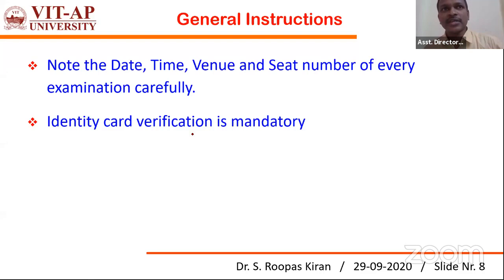Another student, your friend, is taking the same course in B slot. If you forgot to write the examination in A slot, even though there is an examination for that course in B slot, you are not allowed to sit in a different slot.